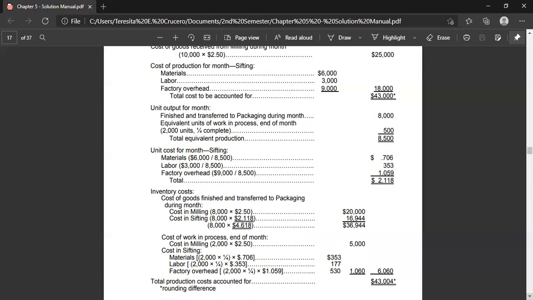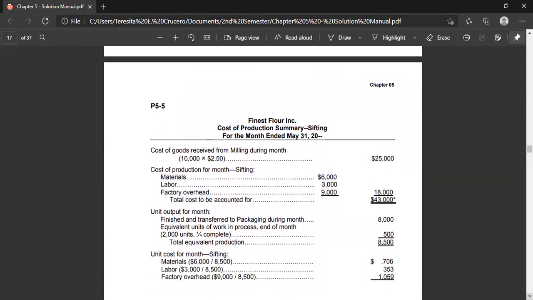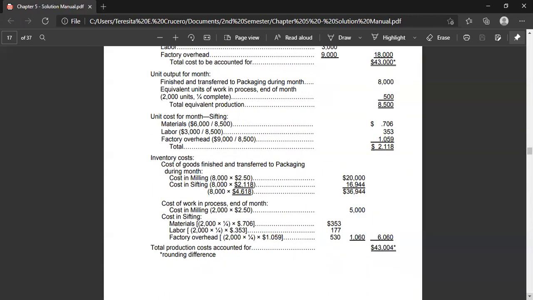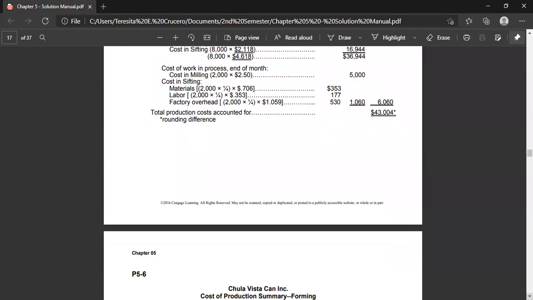So the total cost of the work in process at the end. Then we have the total production cost of 43,004. Okay, so we are now done with the problem 5-5. Let's go to the next, 5-6.